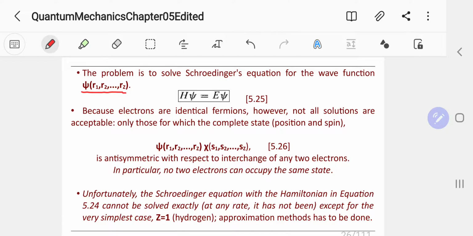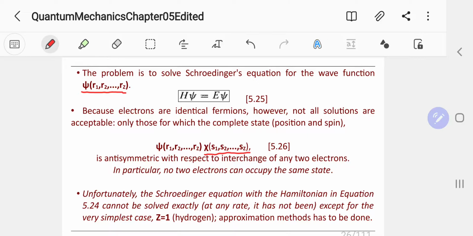But we ignore spin at the moment, because spin can cause much more complications to the problem.